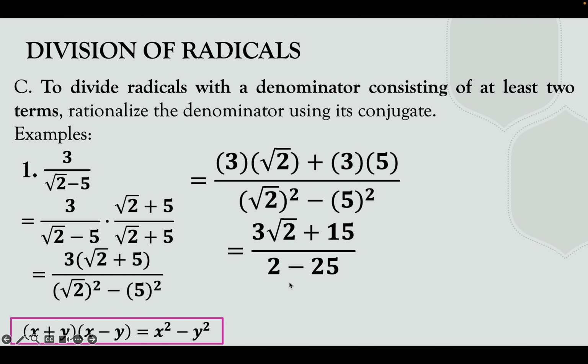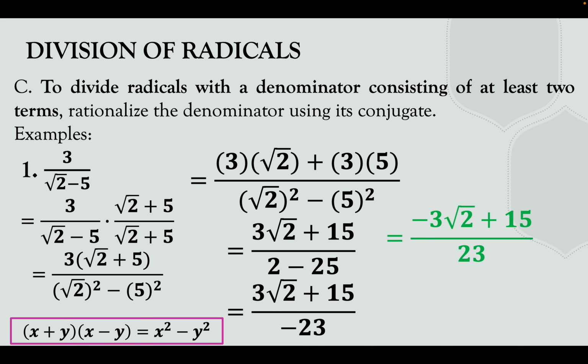So we have 2, and 5 squared is 25, so minus 25. So we have 3 square root of 2 plus 15 over negative 23. To simplify this one, when you have a positive numerator and a negative denominator, that means the whole final answer is negative 3 square root of 2 plus 15 over 23.